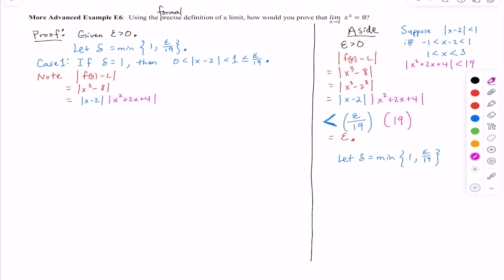Now, since the absolute value of x minus 2 is less than 1, we know that this quantity, x squared plus 2x plus 4, will remain positive, and it's going to be less than 19. So I'm going to put a 19 over here.